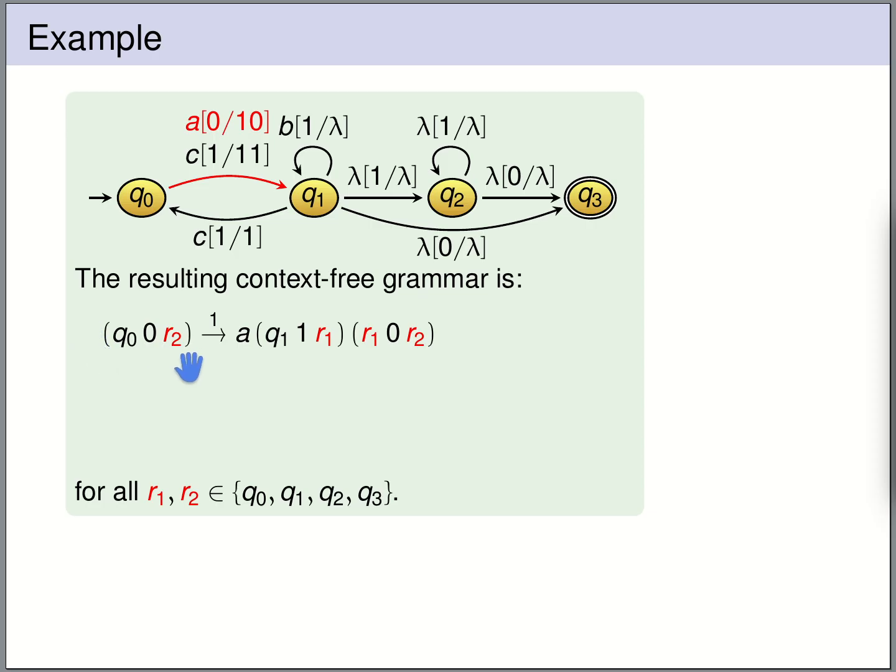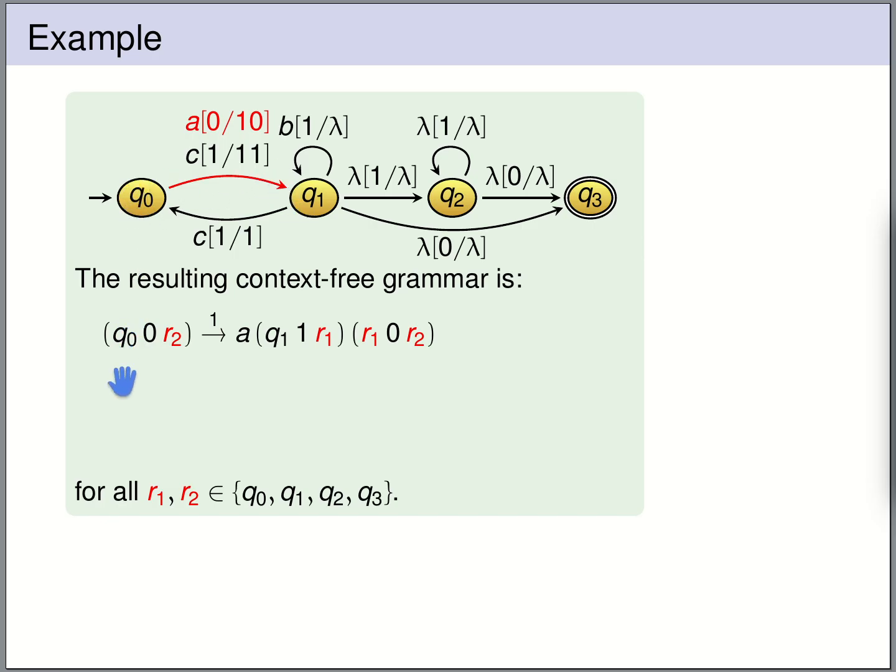Now, what does this rule mean? It means if from state Q0 with a 0 on the stack, we want to go to some state R2, and this could be any of the states, then how can we do this? If we use this transition, then we can produce an output letter a. We have switched now the state to Q1.